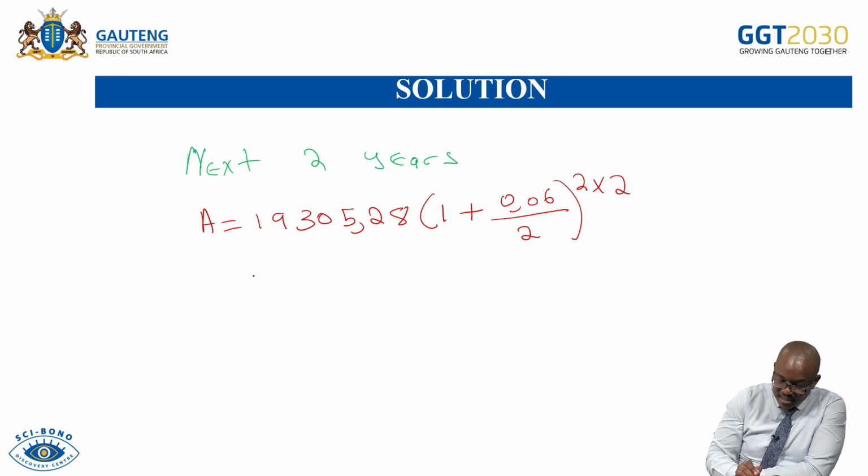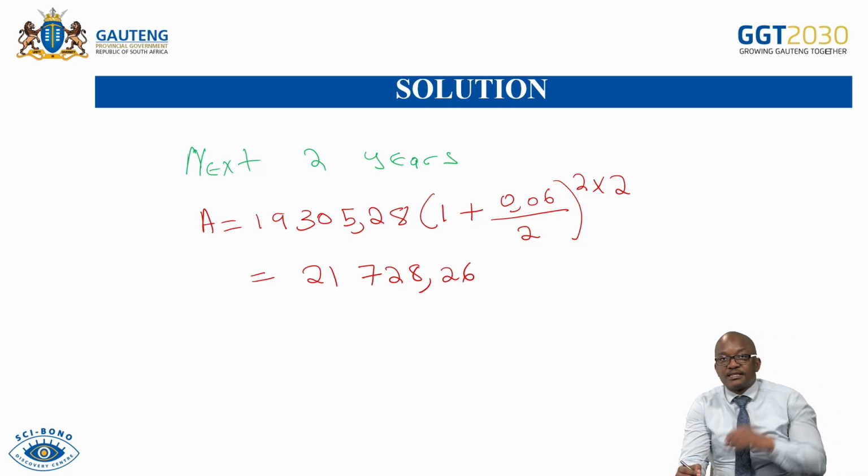Then now if you punch that in a calculator, 19,305.28 into 1 plus 0.06 divided by 2 to the power of 2 multiplied by 2, then we are going to get 21,728 rand, 26 cents.